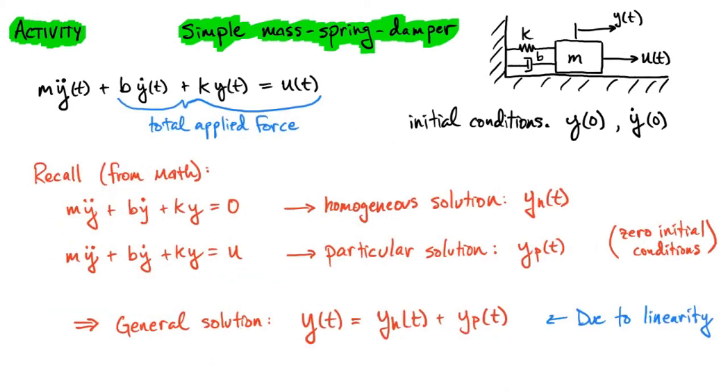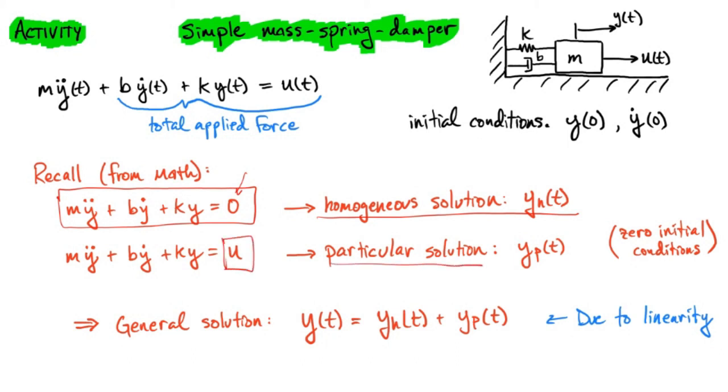So again, this just goes into a little bit more detail there. When we talked about this from the mathematical perspective, the homogeneous solutions are the solutions of the differential equation when there is no forcing function. So it's simply what the system does when there is zero forcing. The particular solution is what happens when you add a particular form here.